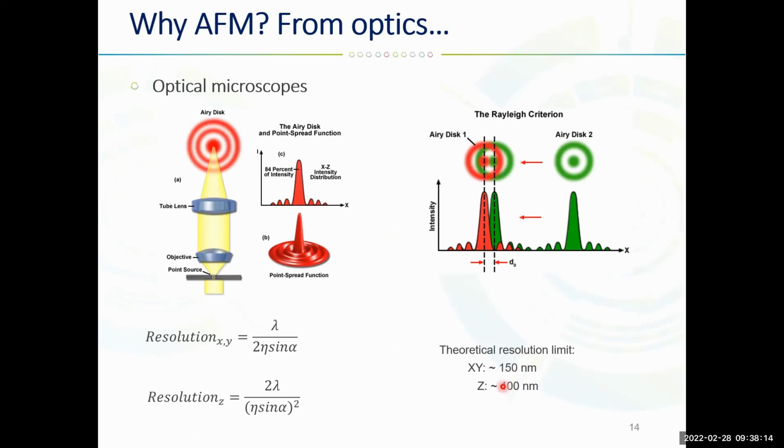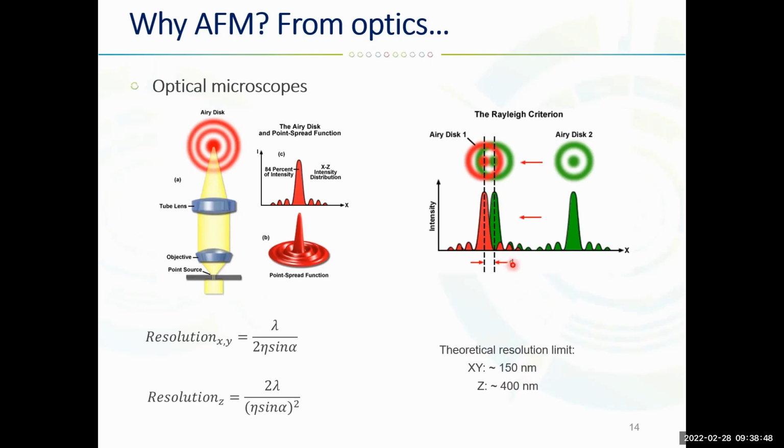And what is this 150 nanometers? So 400 nanometers is the shortest practical wavelength, and 150 nanometers is the lateral dimension when this wavelength is approaching our sample. It is quite hard to reach this resolution limit, so that's why we have not only optical microscopy but other microscopies as well.